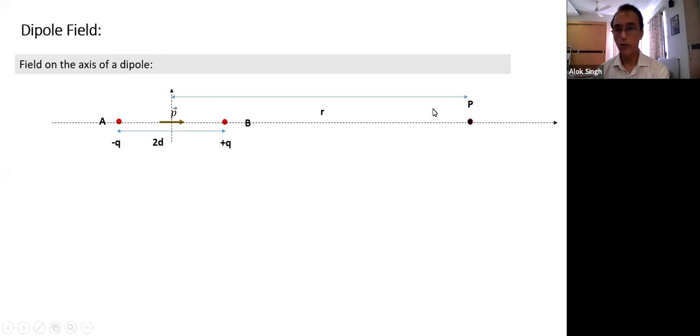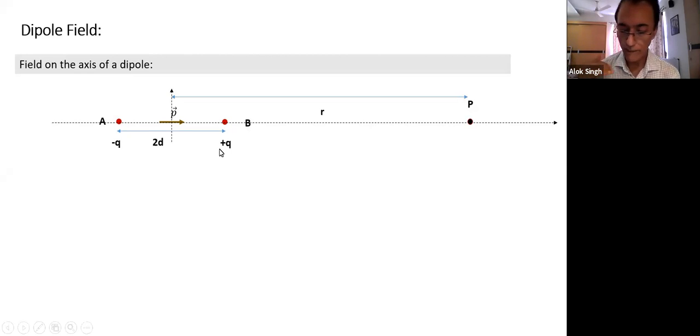So Khyati, this is a dipole. Do you recall how did we calculate field at point P? P is a point on the axis of the dipole. I hope you recall what the axis means: along the line joining the two charges. How did you find field at point P? What is a dipole? There are two charges, plus Q, minus Q, separated by distance 2D.